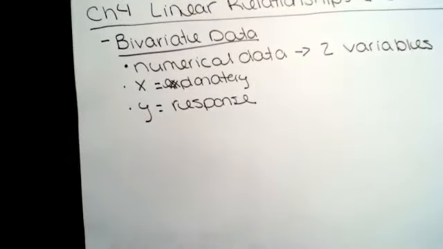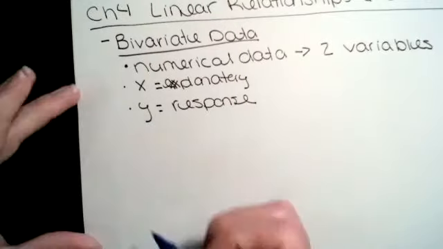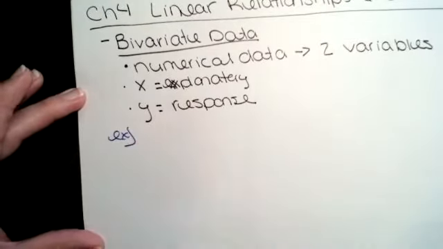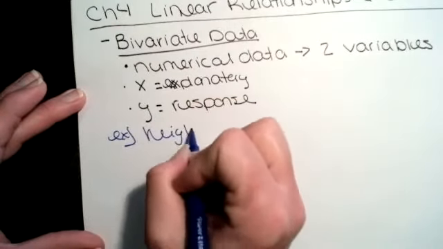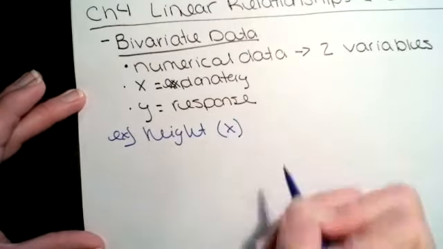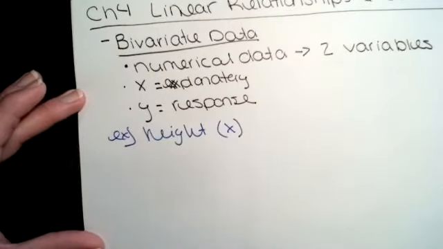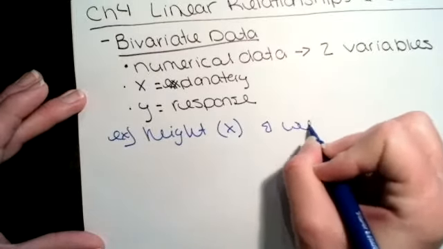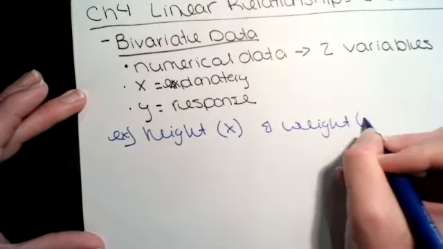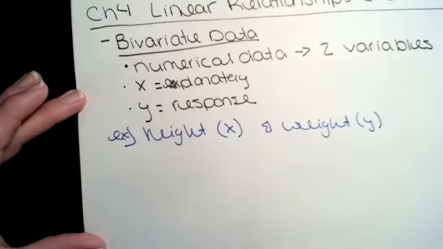So an example of this is we're looking at maybe height and weight of individuals. So I have height, which is going to be my X, my explanatory, or maybe my predictor variable, we might call it, and weight, which is Y, which is my response variable.